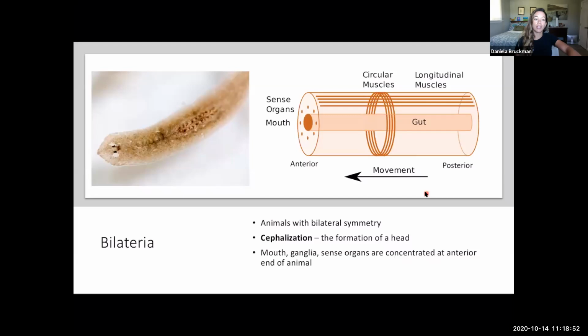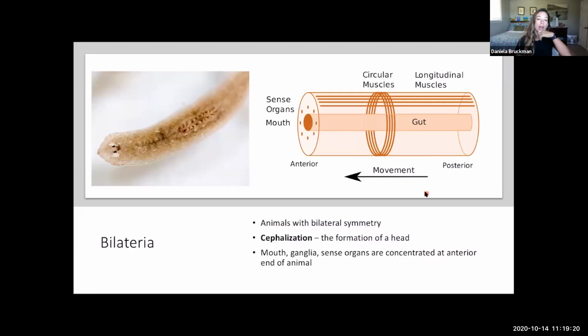And recall that these are going to be animals that not only have a front and a back, so an anterior and a posterior end, they're also going to have a dorsal and a ventral side, right? So a back and a belly, and they will also have a left and a right side. So these are basically animals where you can think about more complex orientation and body plans.